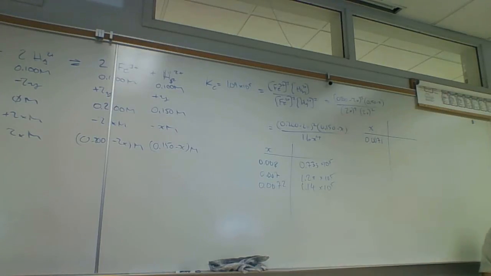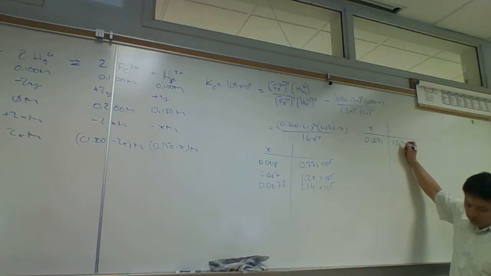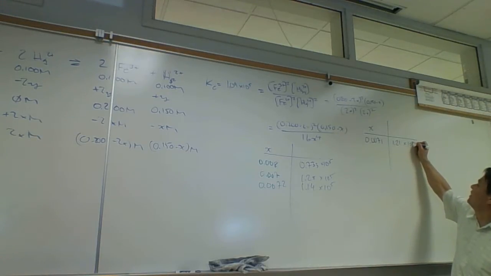Let's go for that. 2 times 0.0071 minus 0.2, squared, times parentheses 0.15 minus 0.0071, close parentheses, divided by 16, divided by 0.0071 to the fourth. I got 1.21 times 10 to the fifth.